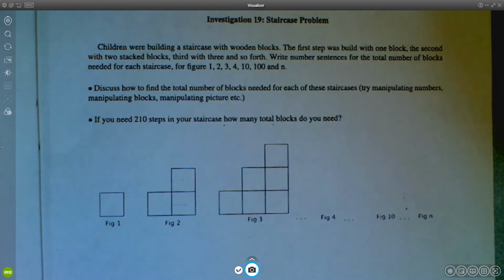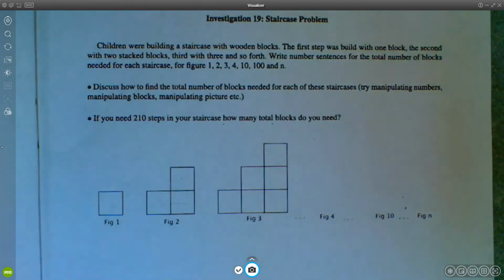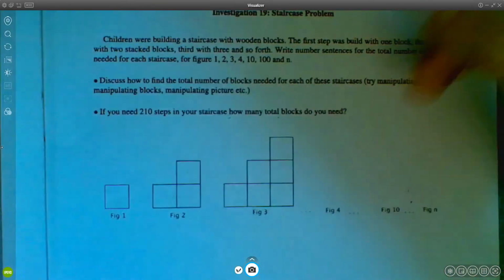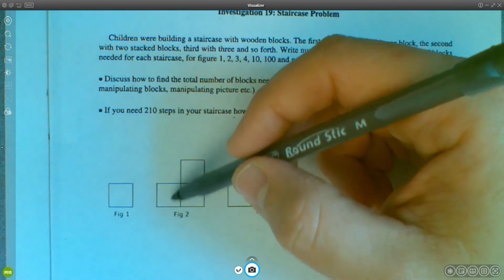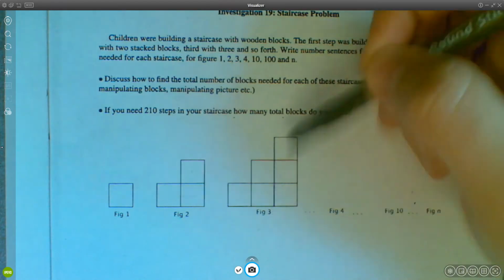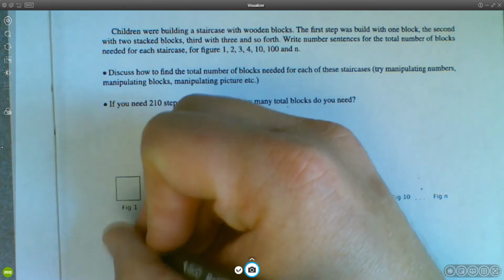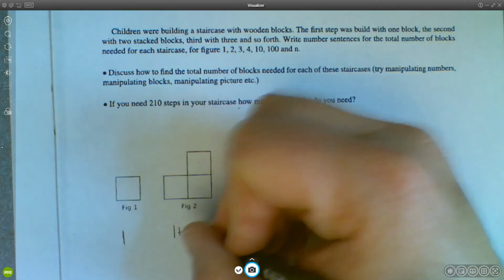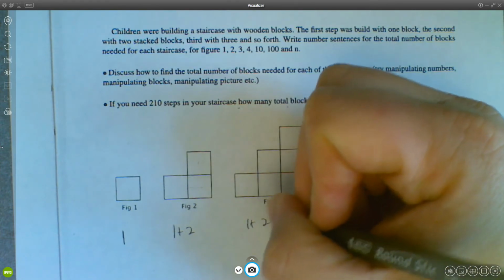Okay, so here's what I think the tendency is. The tendency is for students to say, well, here I have 1 block, and then here I have 1 plus 2 blocks, and then here I have 1 plus 2 plus 3 blocks. And so they say, this is 1 plus 2, this is 1 plus 2 plus 3.